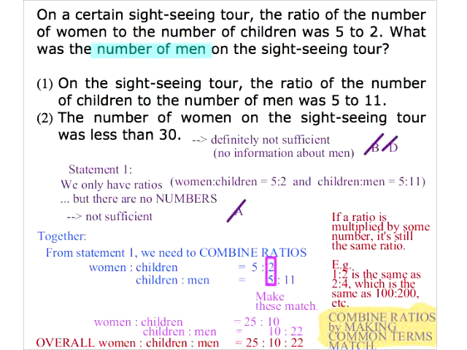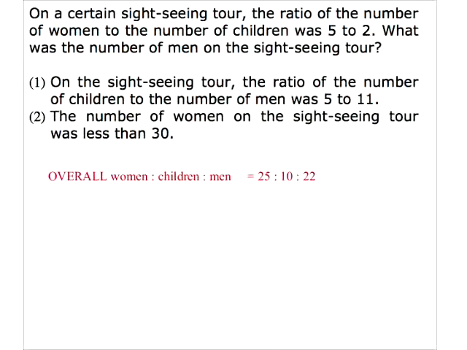So that does work. What we've learned from statement 1 is that the overall ratio of women to children to men is 25 to 10 to 22. What does this mean in combination with statement 2? Remember, these are whole numbers.